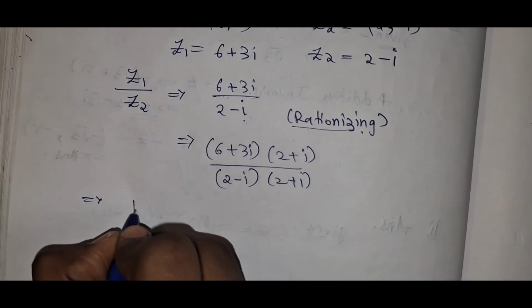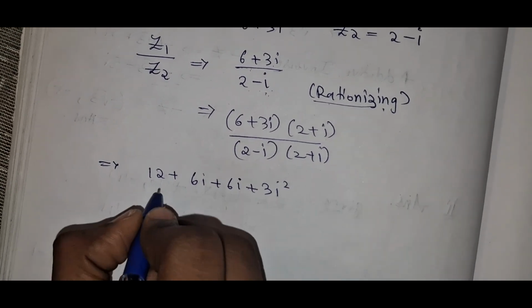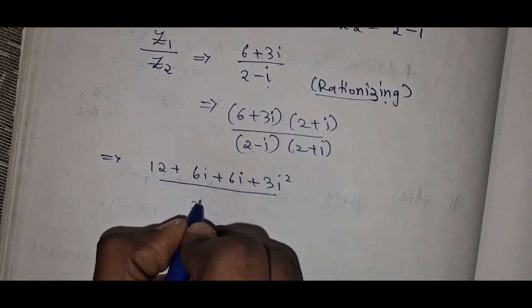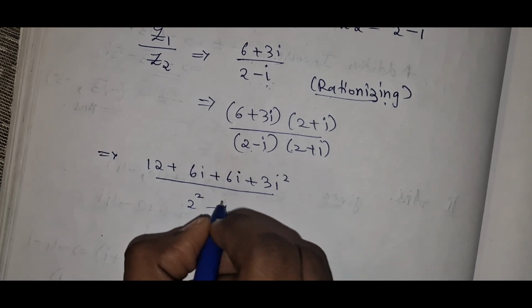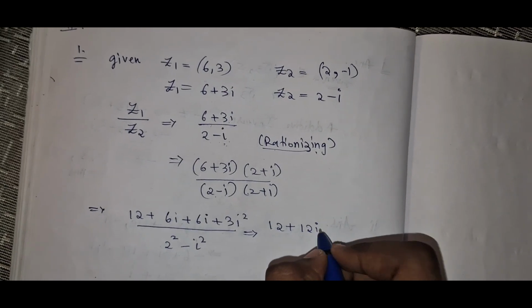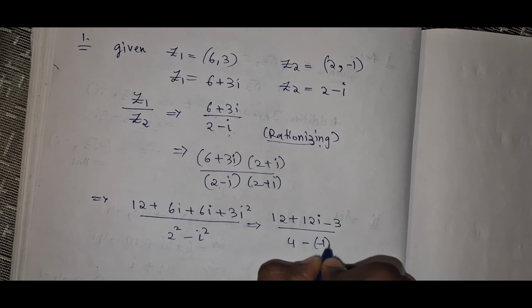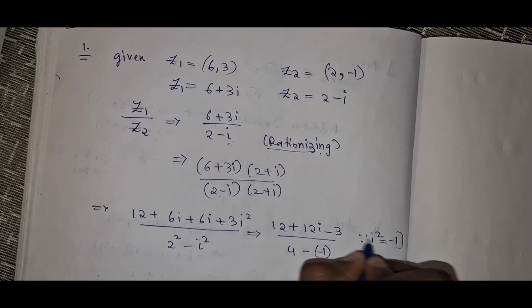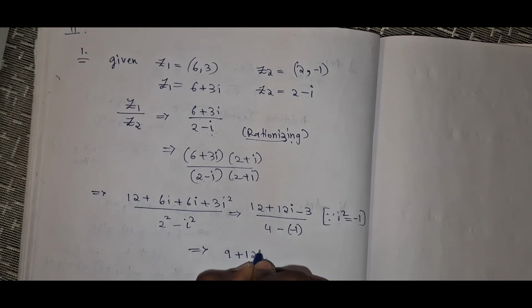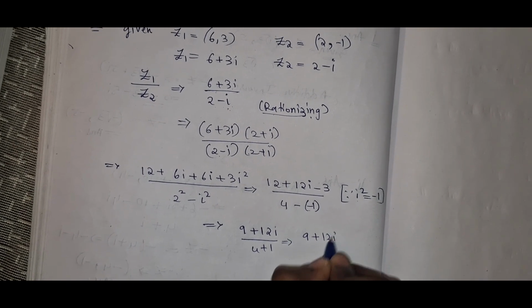We get 12 plus 6i plus 6i plus 3i square over, this is a plus b into a minus b form, which is nothing but a square minus b square, therefore 2 square minus i square, which is equal to 12 plus 12i minus 3 over 4 minus of minus 1, since i square is equal to minus 1. Therefore, 9 plus 12i over 4 plus 1, which is equal to 9 plus 12i over 5.